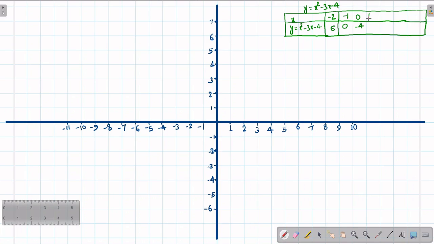Then I will put 1, you will get -6. Then I will put 2, then you will get -6. Then I will put 3, you will get -4. Here I will put 4, you will get 0, and finally I will put 5.